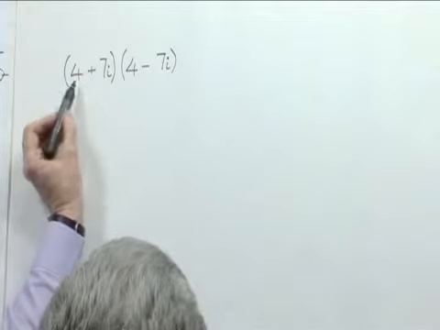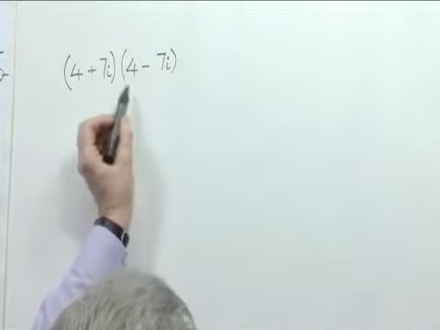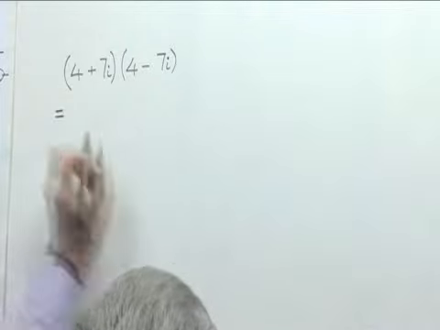Now, the complex conjugate has a very special property, and we'll see what that is by doing an example. What we're going to do is take the complex number 4 plus 7i, and multiply it by its own complex conjugate, which is 4 minus 7i, and see what we get.